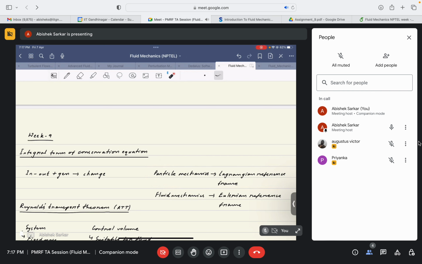But still, as I have already mentioned in my previous sessions, we are engineers, and as engineers, the two most essential factors for us are efficiency and cost effectiveness.